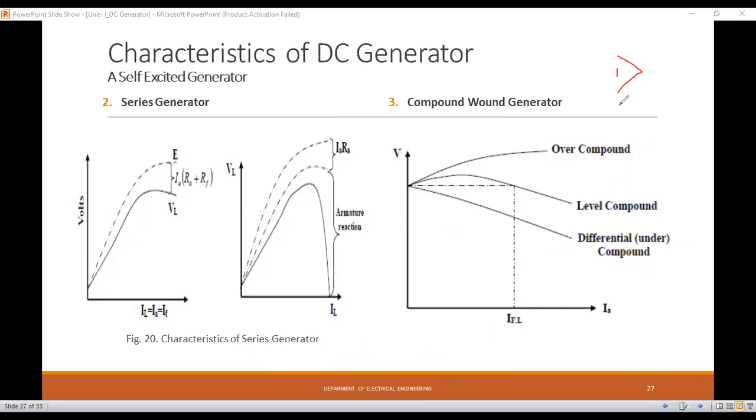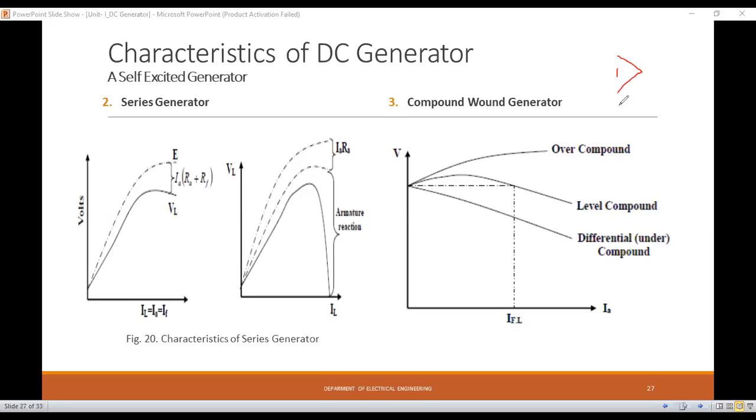So why is it called a cumulatively compounded generator? When the series winding flux adds to that of the shunt field winding, it is called a cumulatively compounded generator. And if the series field winding flux opposes that of the shunt field winding, then it is called a differentially compounded generator.